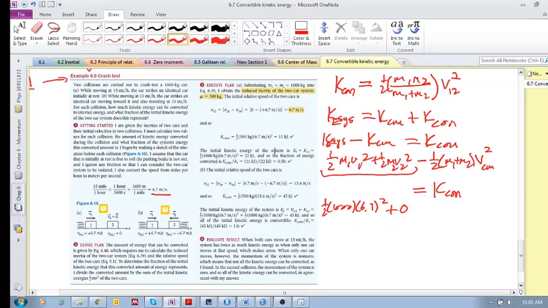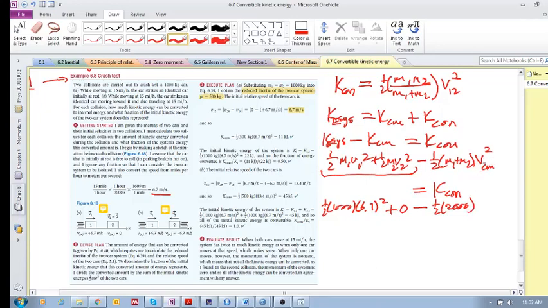That's the total system kinetic energy in the Earth reference frame. But now we need to subtract the kinetic energy of the center of mass. We know the inertia 1 and inertia 2, so that's half, and 1,000 plus 1,000, so that's 2,000. But now what is the velocity of the center of mass?